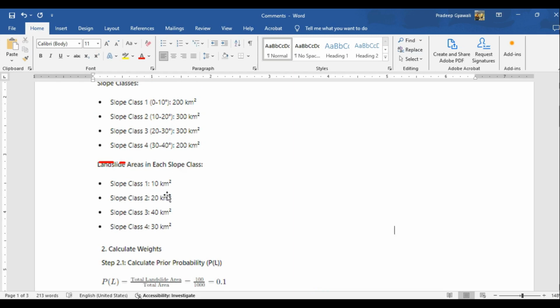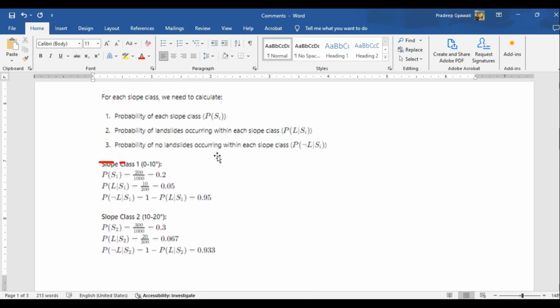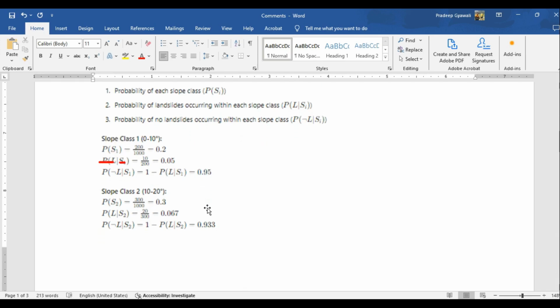That means 10 divided by 200, which gives 0.05. And the probability of no landslide occurring within this slope is 1 minus this PLS value, where i means the number of classes. That means 1 minus 0.05 gives 0.95.